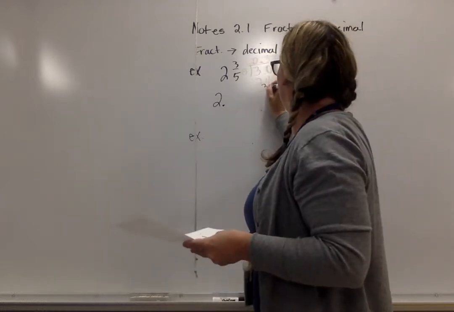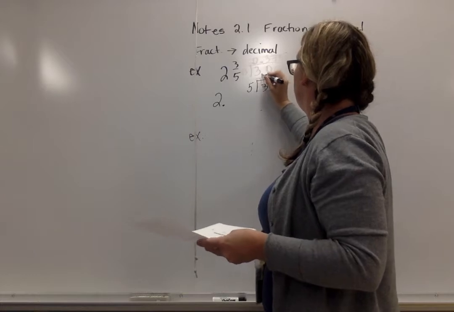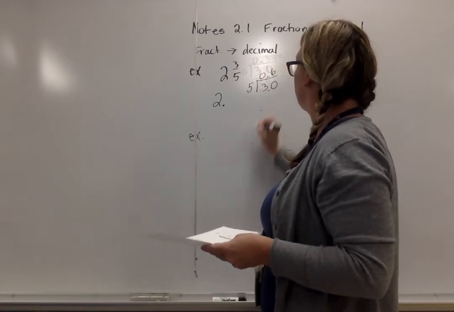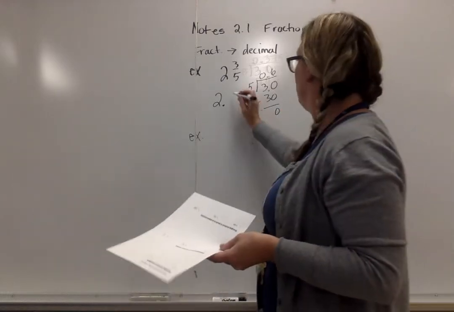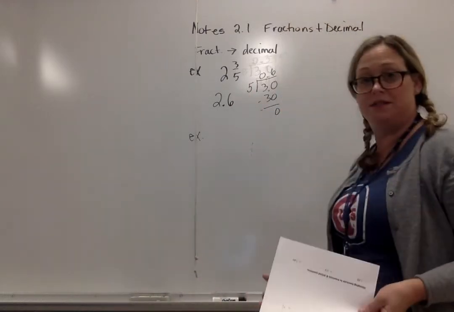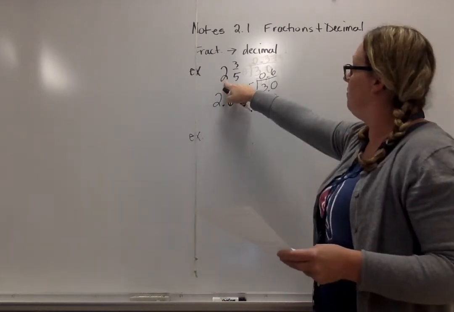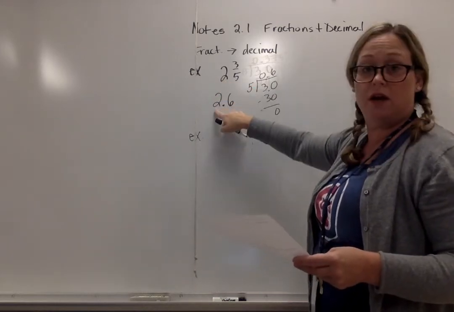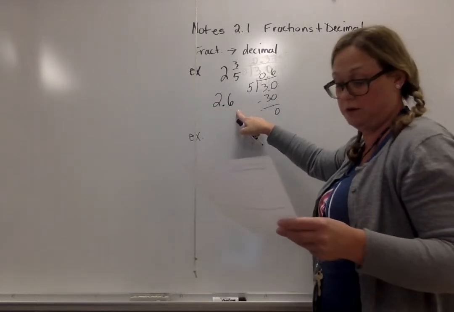And then I do my 3 divided by 5. 5 doesn't go into 3, but it goes into 30, and it goes in there 6 times. And look, that was an easy one. That was done. So 2.6, and I'm done. If it has a mixed number, you're just writing the 2, and then doing the long division for the fraction part.